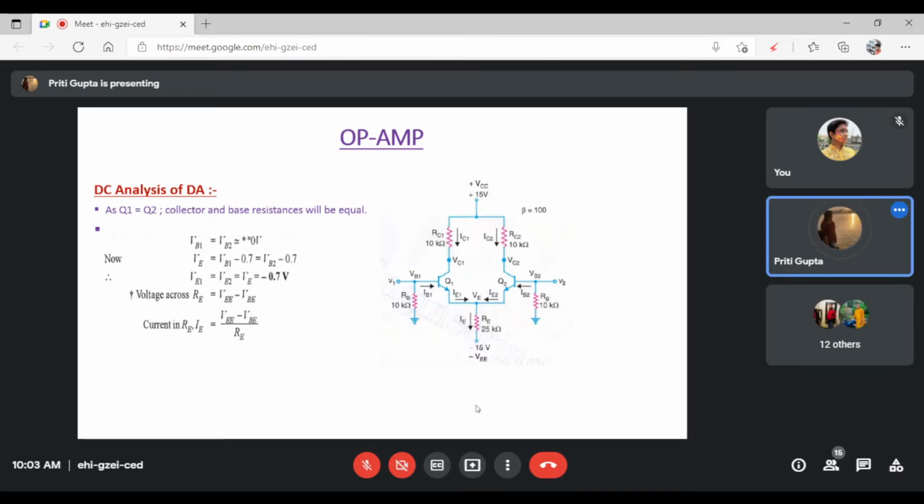Okay, now see. We are applying a simple KVL equation over here. VEE minus VBE minus V of RB is equal to V of RE.